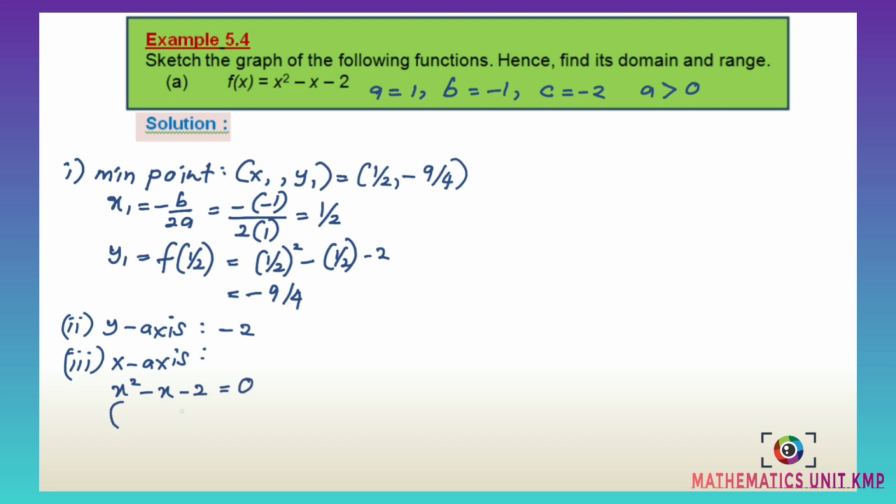You can factorize. Try to factorize this quadratic: x times x, and 2 times 1, minus 2 plus 1. The x-intercepts are at negative 1 and 2.